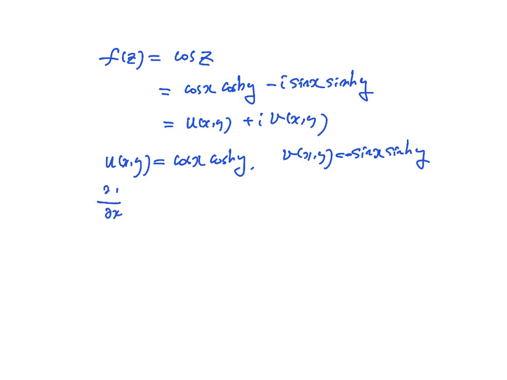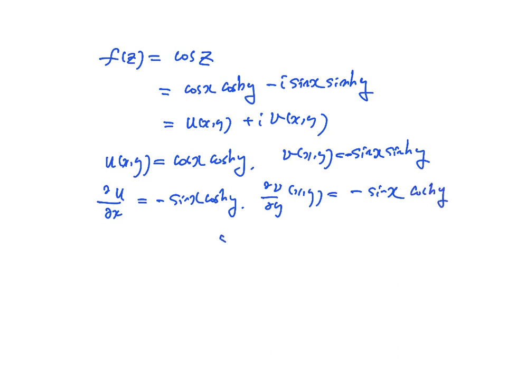Partial x partial u: if you differentiate cosine x, you get minus sine x, right? Cosine hyperbolic y. Partial y partial v is minus sine x, and if you differentiate sine hyperbolic y, what do you get? Cosine hyperbolic, right?